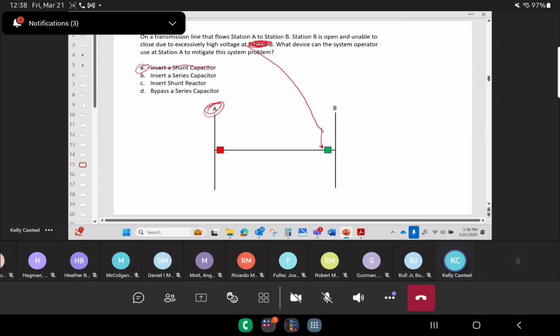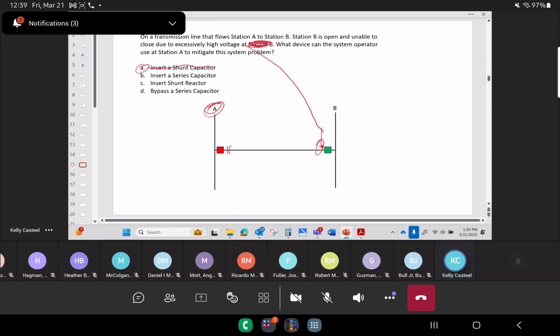If we inserted a series capacitor, so let's say we did have a series capacitor on this transmission line, the purpose of series capacitors is to make the line look like a shorter line, which in this case seems a little counterintuitive. If a shunt capacitor hurts, it turns out a series capacitor actually helps because it makes it look like a shorter line.